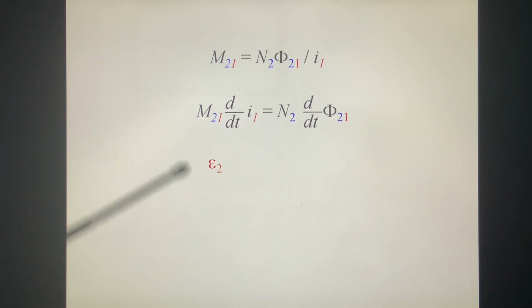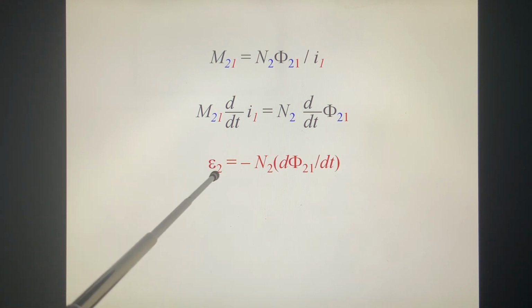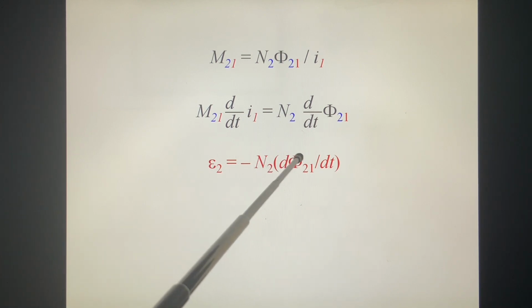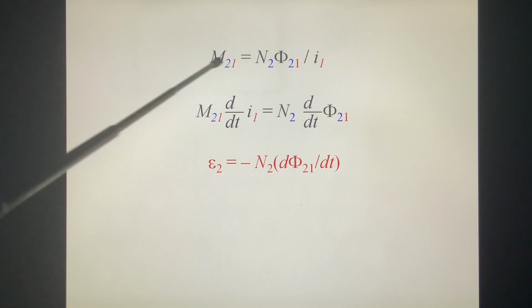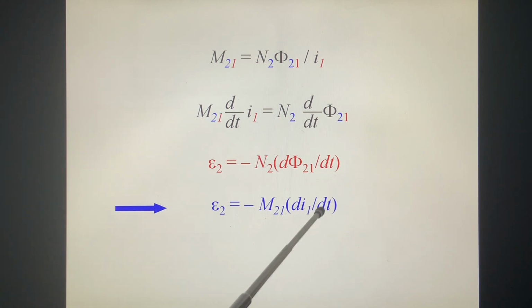And we know that the electromotive force induced in coil 2 by I1 is equal to minus N2 d phi21 dt. Looking at these two equal expressions, we get epsilon 2 equal to minus M21 dI1 dt.